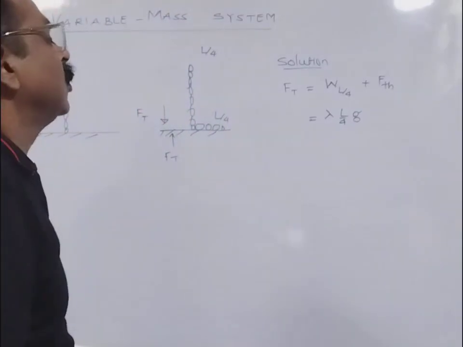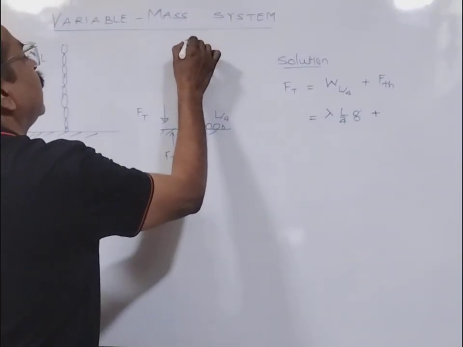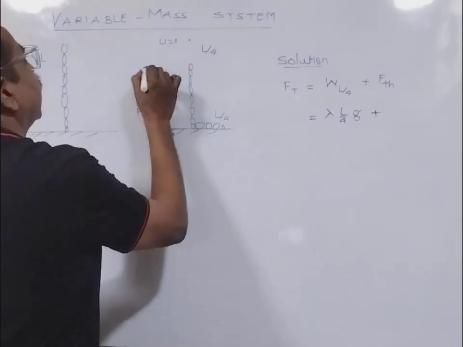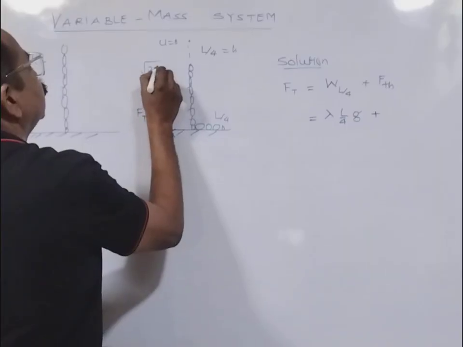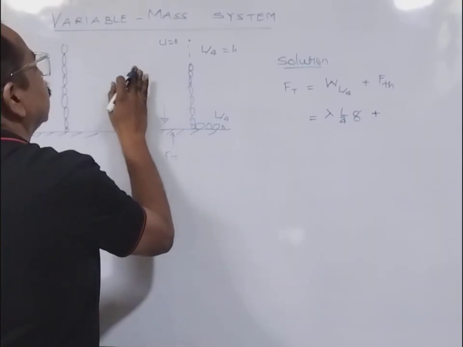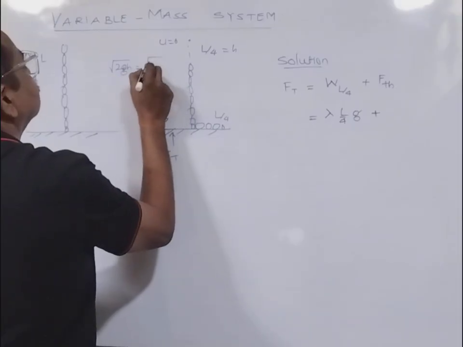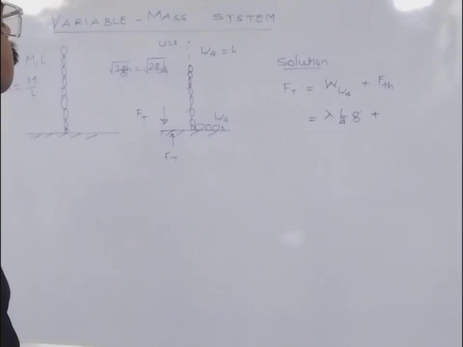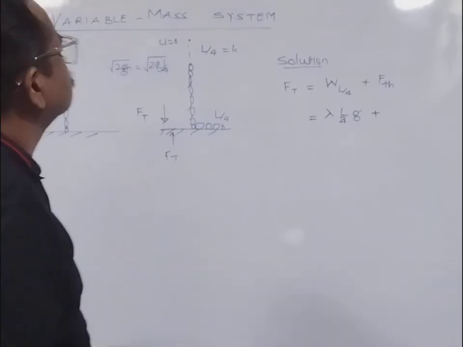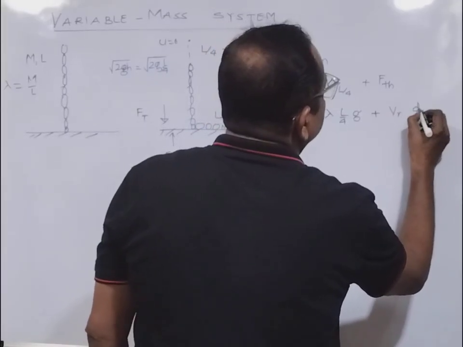Plus the thrust. The thrust is what we get if the chain is released from here. The initial velocity was 0, and the final velocity after covering a distance h, given by the equation of motion, is v squared equal to twice g h, where h is L by 4. So it will be Vr into dm by dt.